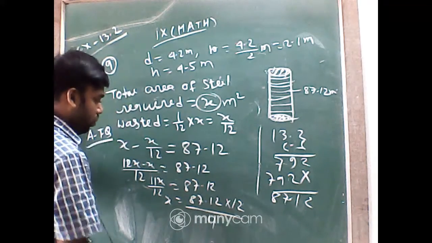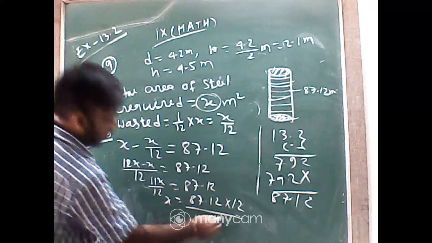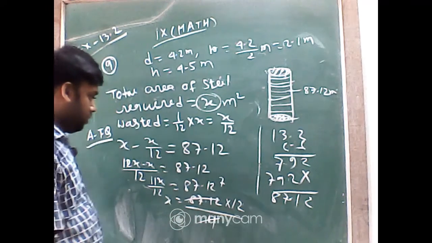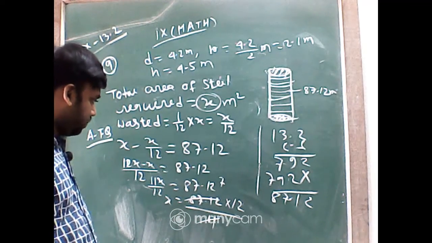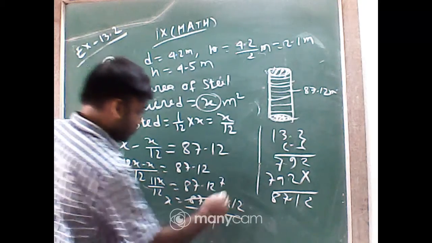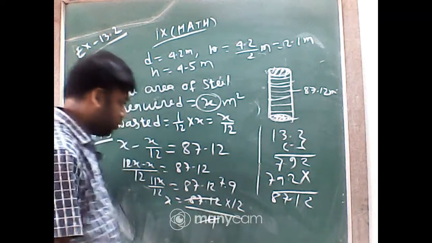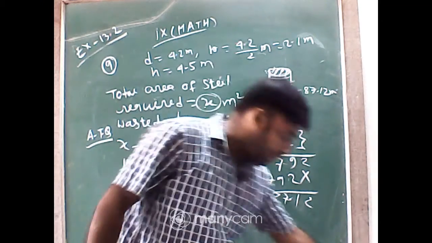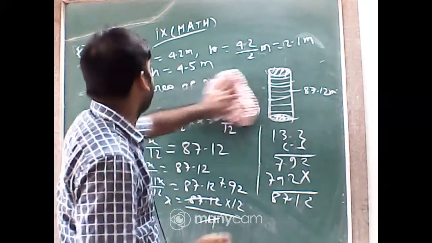Okay. So 87 cut by 11, it will be 7.92 into 12. I am rubbing the upper portion for the shortage of space.